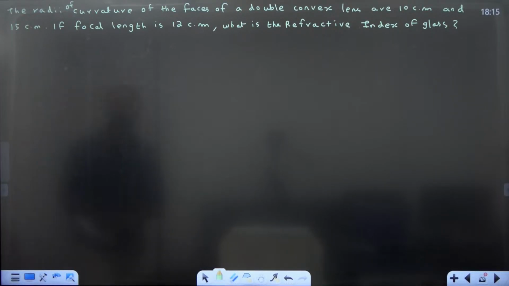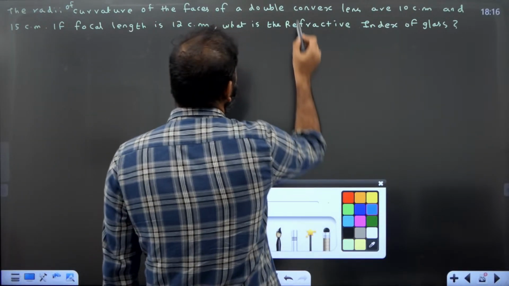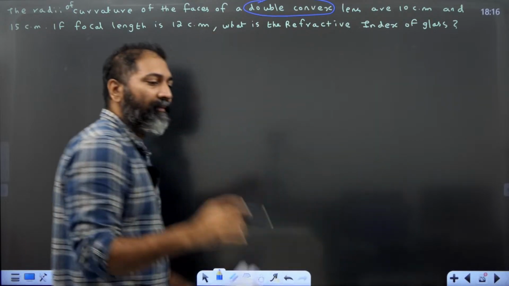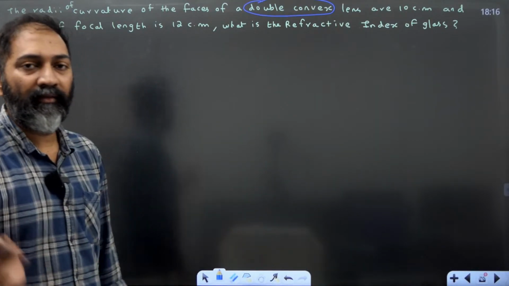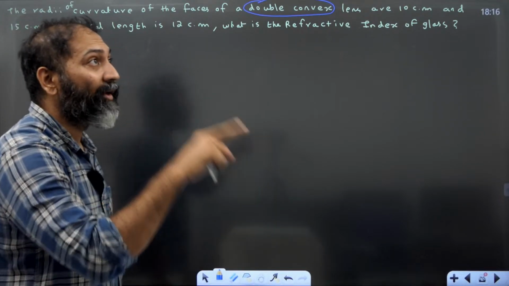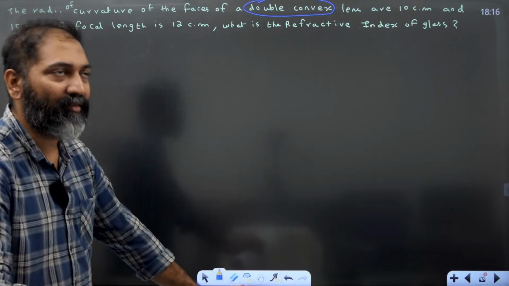Now let's see. It is a double convex lens. Double convex means simply convex only. There is no specialty for a double convex lens, but for biconvex, both radii are equal. Double convex means convex lens only.